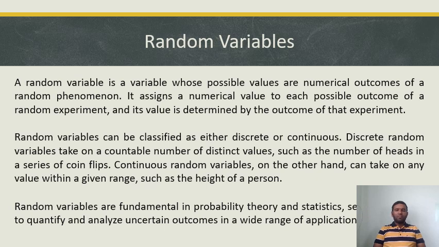Continuous random variables, on the other hand, can take on any value within a given range, such as the height of a person. Random variables are fundamental in probability theory and statistics, serving as a way to quantify and analyze outcomes in a wide range of applications. This is about random variables.